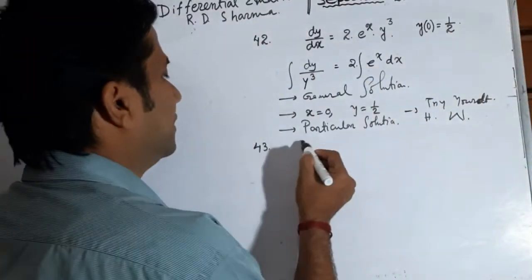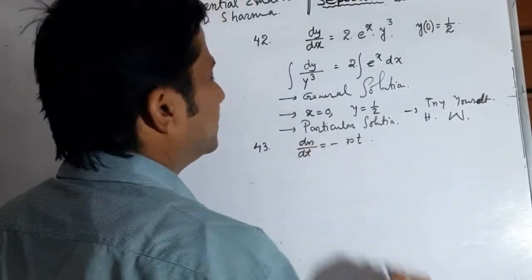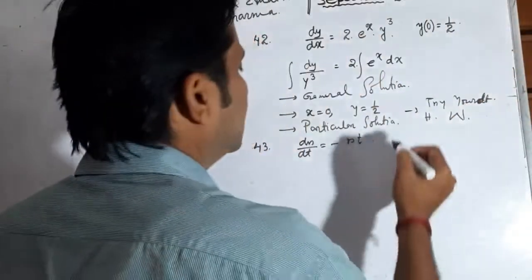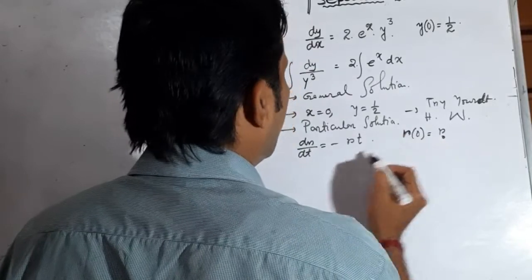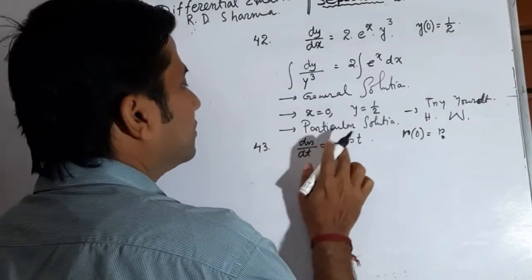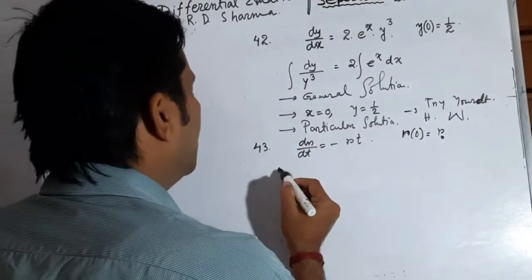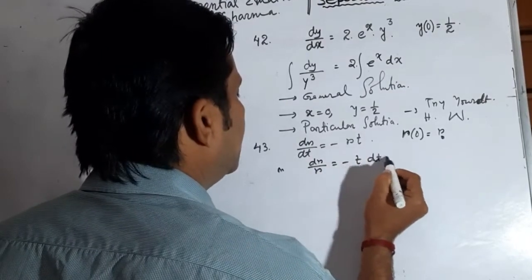Example number 43. dr dt is equal to minus rt, r of 0 is equal to r0. What you have to do? dr by r is equal to minus t dt.